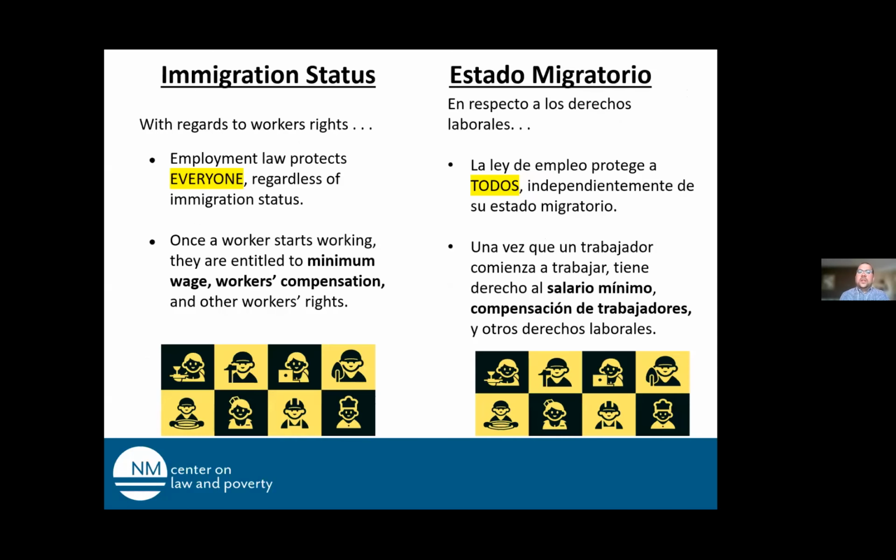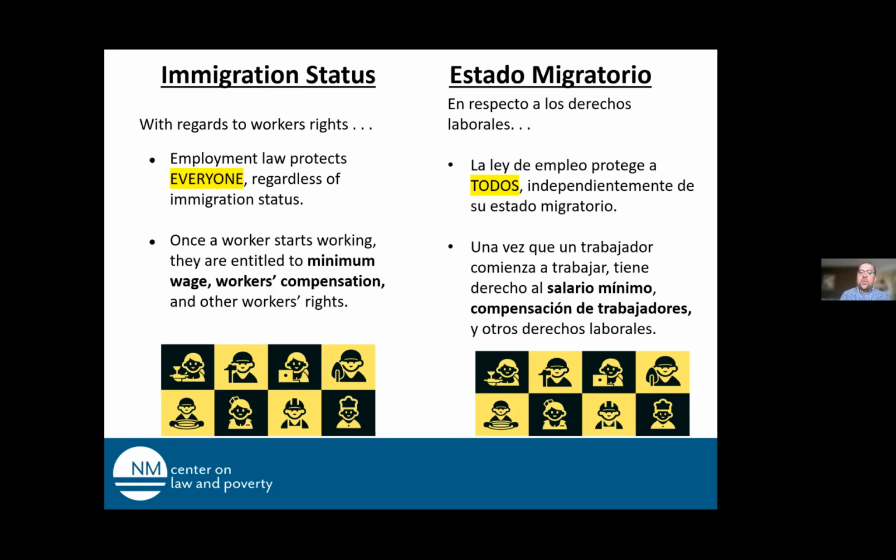Let's get started by discussing immigration status. With regards to workers' rights, employment law protects everyone regardless of immigration status. This is an extremely important thing to note because this isn't true in all areas of the law. But when it comes to employment law, when it comes to the workers' rights that we'll be talking about today, specifically agricultural workers' rights, it applies to everyone regardless of immigration status.